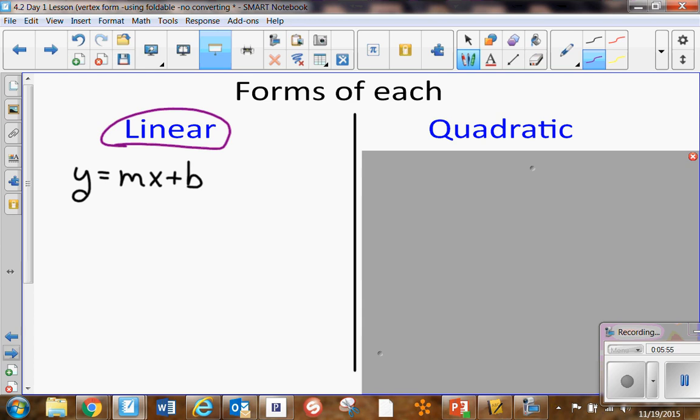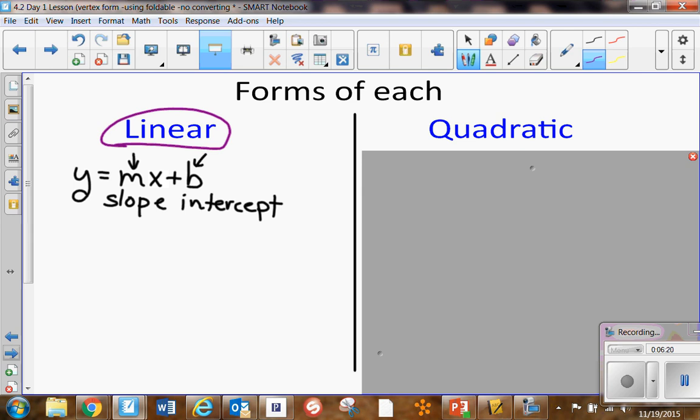Do you remember what form we called that? Slope-intercept. And the reason we called it the slope-intercept form was because the slope and the y-intercept were staring you in the face. You didn't have to do any manipulation of numbers or anything. It was just like, here's the slope, here's the intercept. And that's why they call it the slope-intercept.